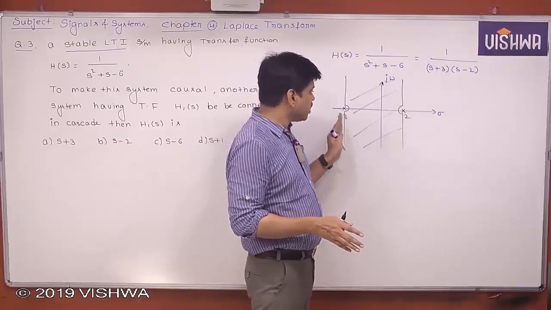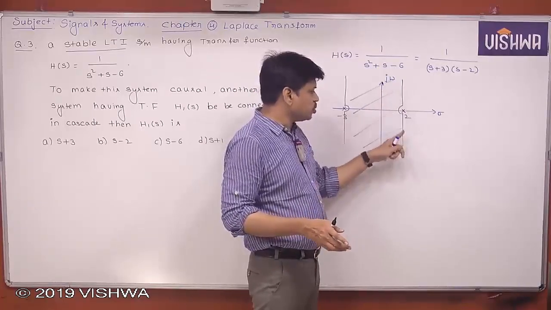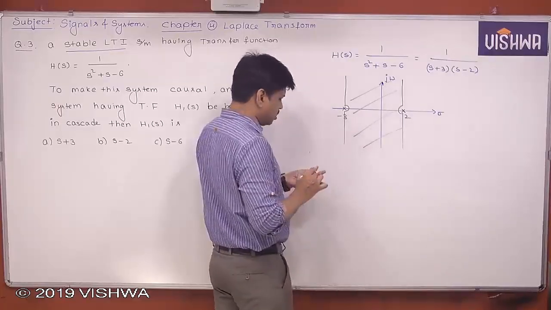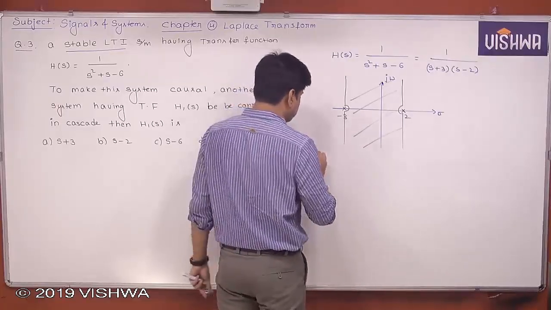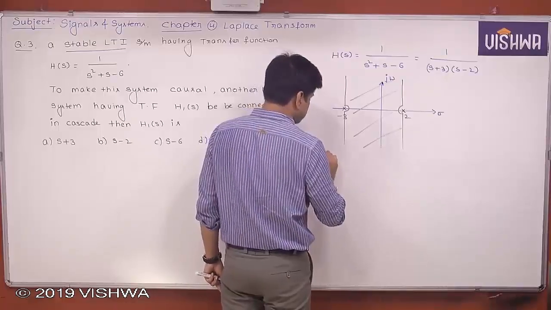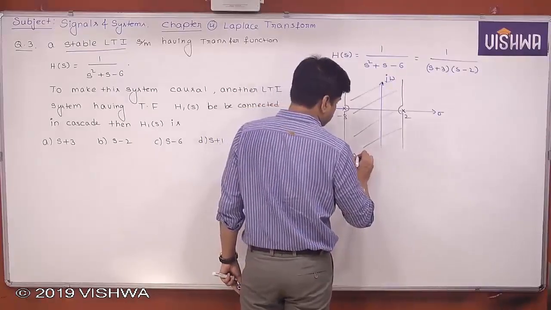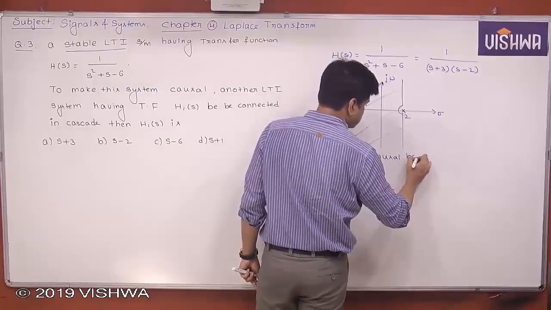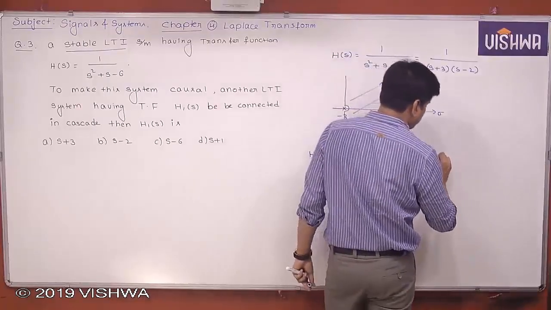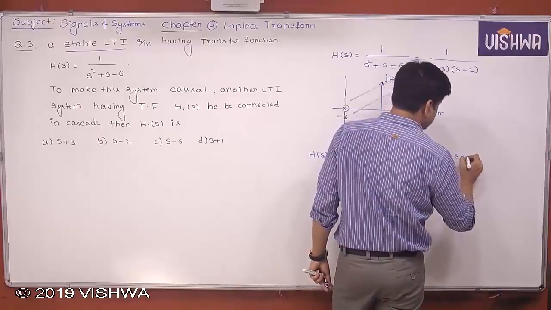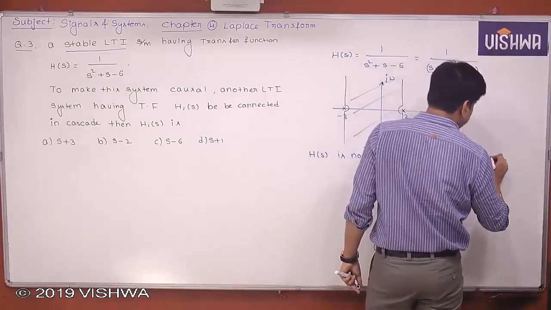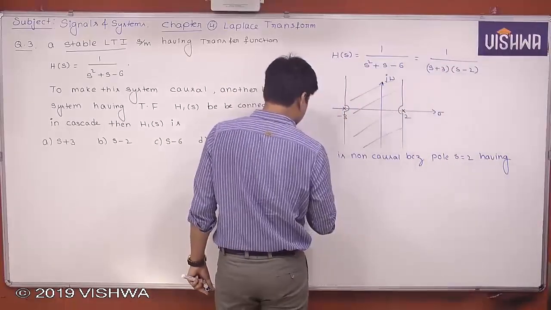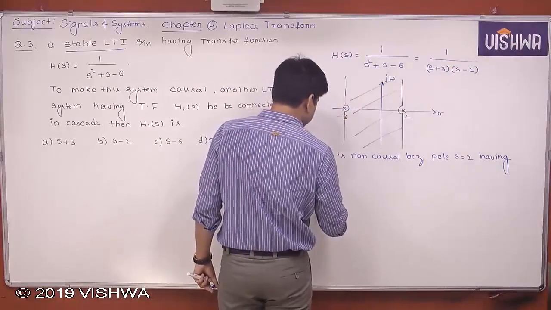So H of S is non-causal because the pole S is equal to 2 has a left sided signal.